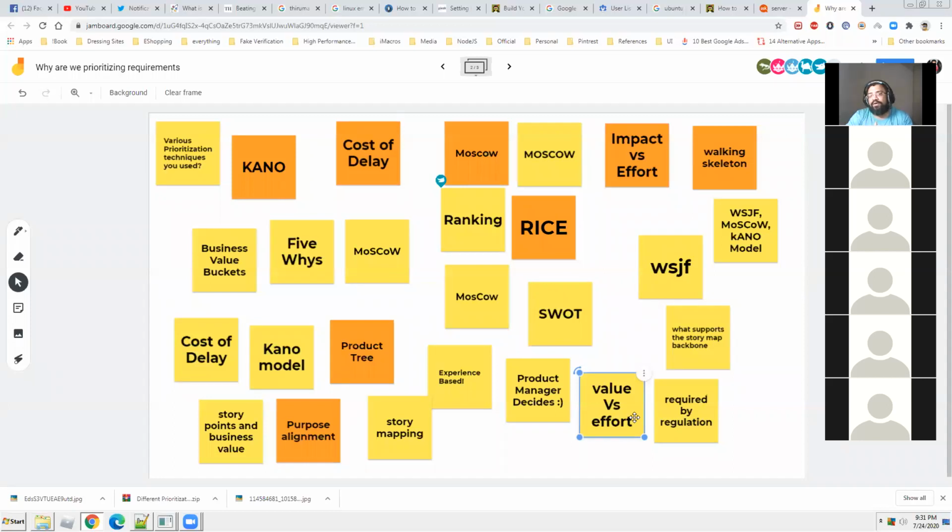If you go to SAFe, they say based on an economic framework. That is an informed decision. This is what I am doing, this is what I'm expecting, and this is what the impact is. So instead of, as Arya was asking, what is the technique which uses data? Always data speaks for itself.